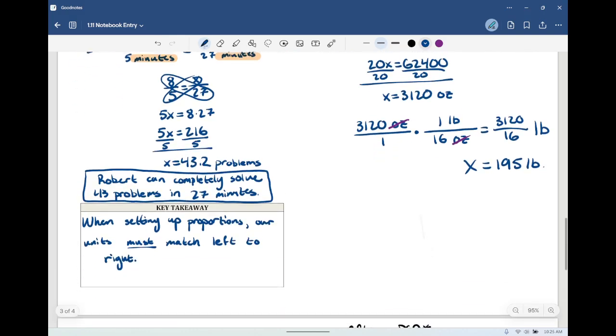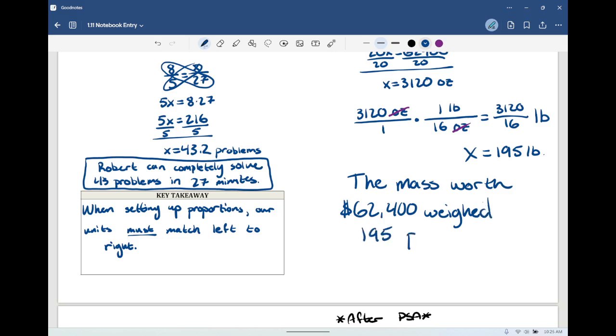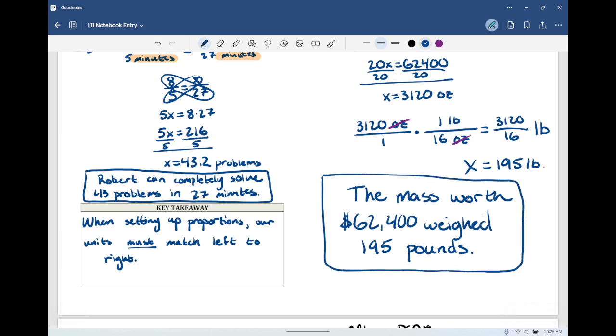And so, the mass worth $62,400 weighed 195 pounds.